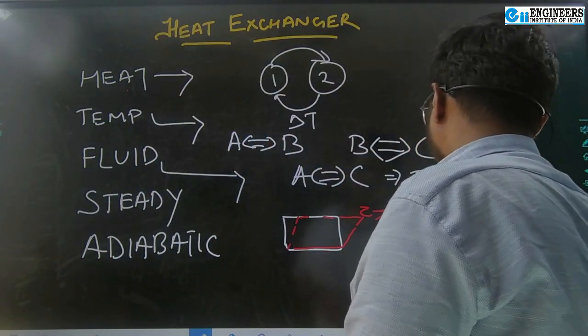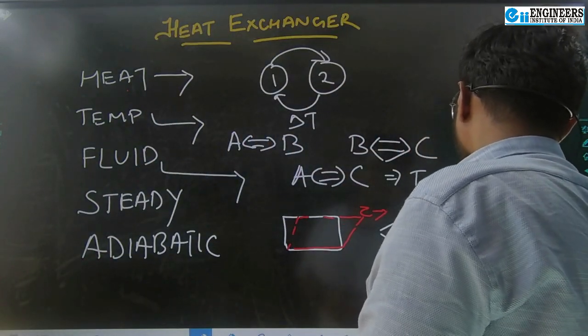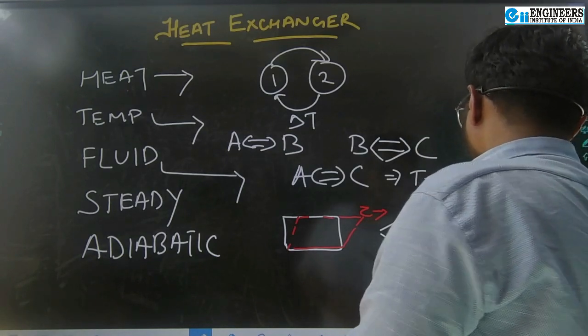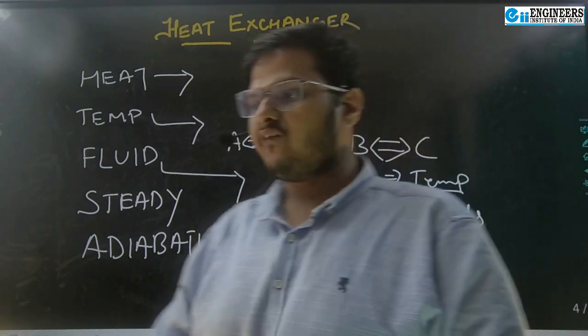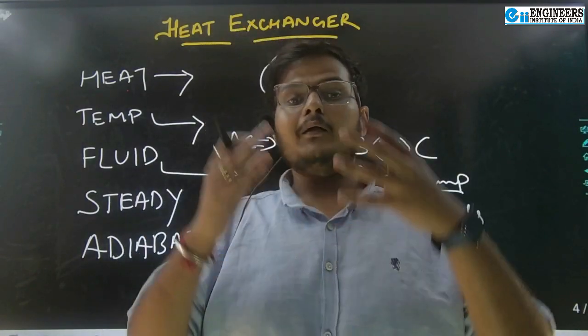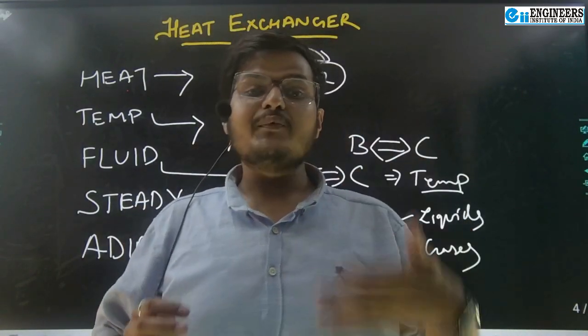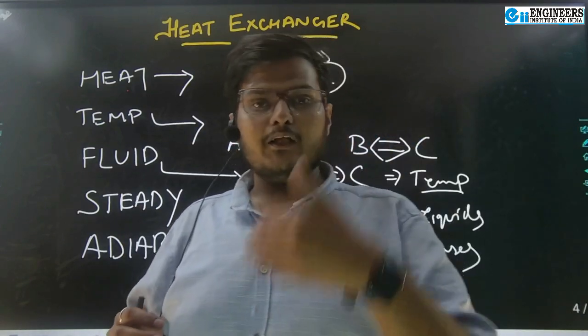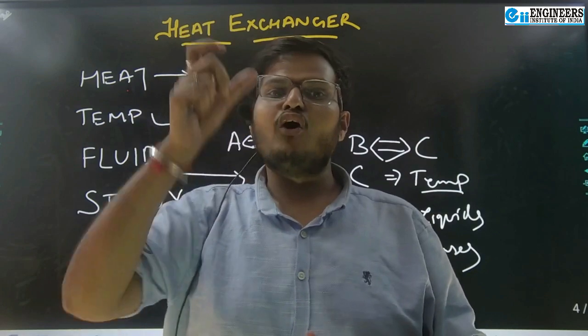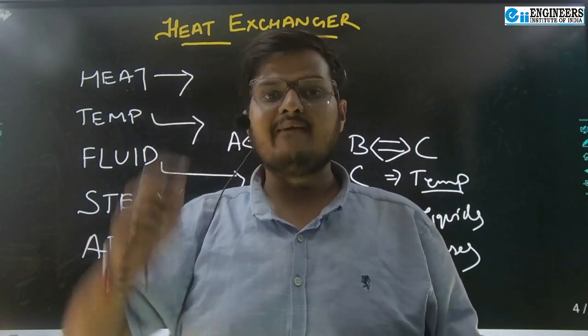We can classify them as liquids and gases. So what is a fluid? A fluid is matter that deforms continuously under the application of shear stress, however small the magnitude of stress may be.